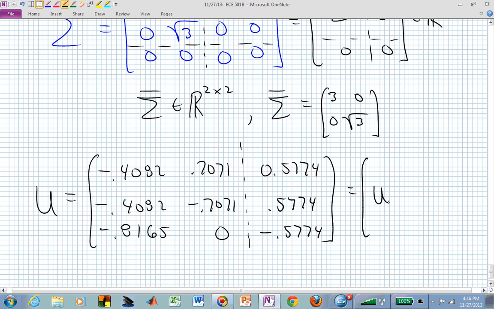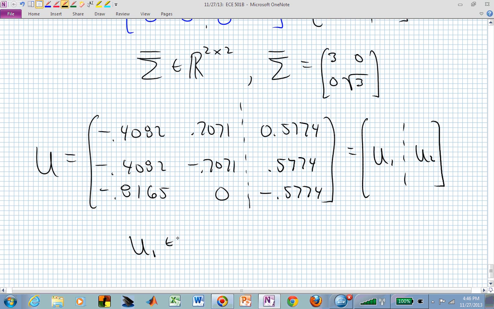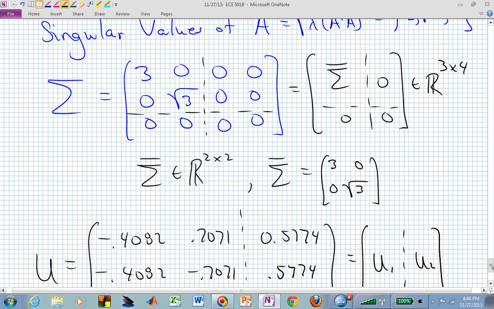The way that I've partitioned this, U sub 1 is a matrix that has 3 rows and 2 columns, and U sub 2 has 3 rows and 1 column. That's compatibly partitioned with sigma.